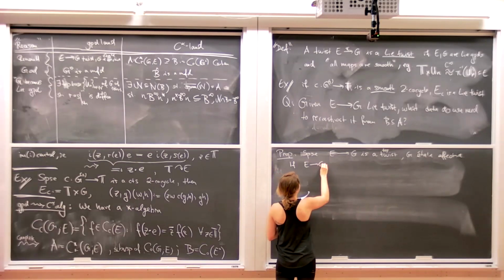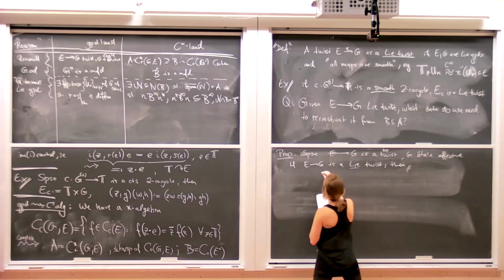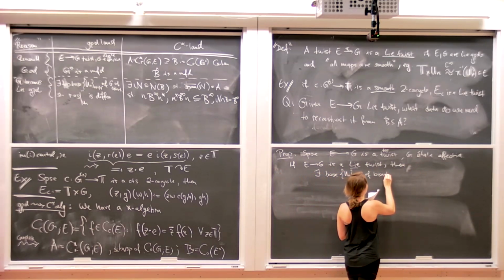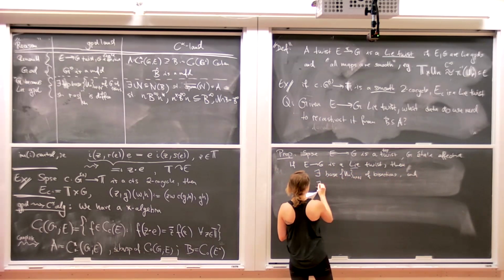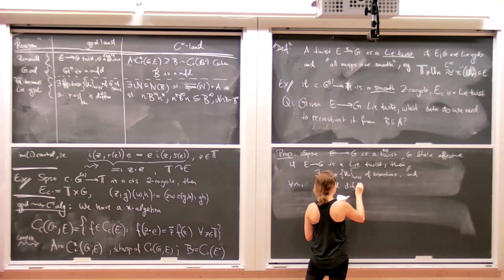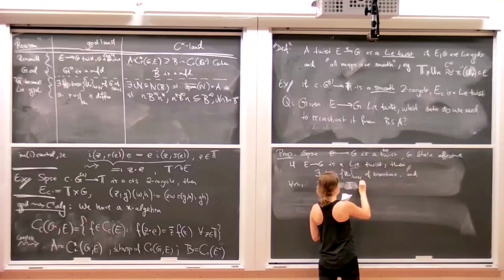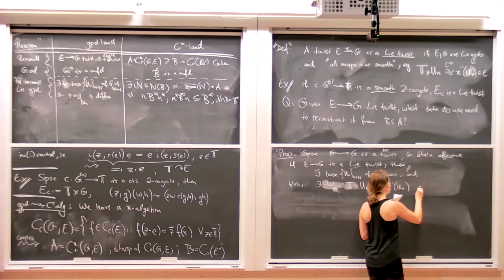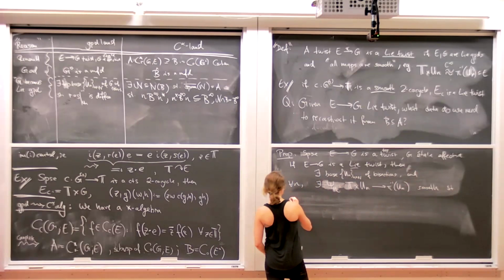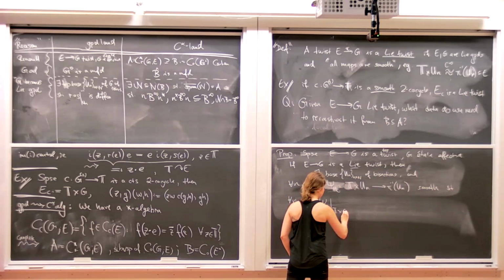If E to G is a Lie twist, then there exists a base U_n of bisections of G, and there exists for all n local diffeomorphisms, psi_n from T times U_n into pi inverse of U_n, smooth, such that you have smooth trivializations such that you have some properties, namely for all n. First of all, these psi_n's, if I look at them only on the circle cross the unit space, then I just get the identity.